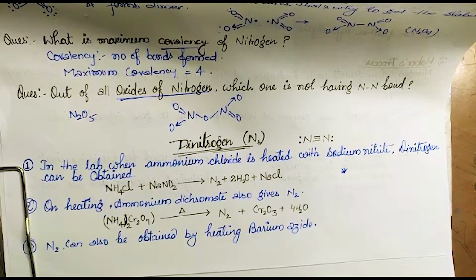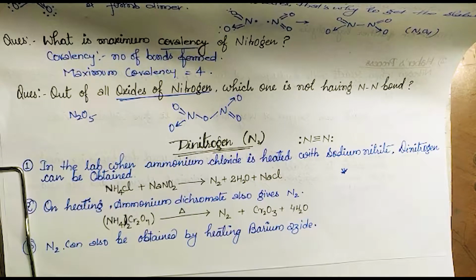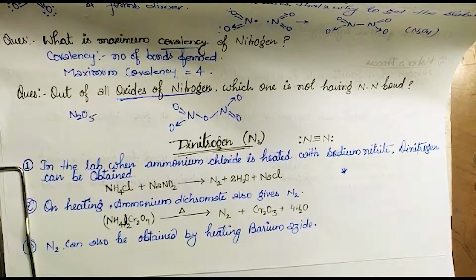That means there are chances of a disproportionation reaction there. So if the element is in an intermediate oxidation state, it can be oxidized or it can be reduced. Both can happen to the same element, or either one of them. Okay? Clear? So these are the two points you have to keep in your mind.